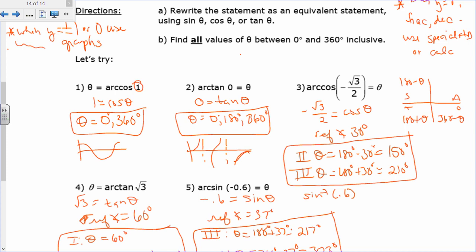In quadrant 3, I would do 180 plus theta, and in quadrant 4, I would do 360 minus theta. So theta equals, for quadrant 2, 180 minus 30, because my reference angle is 30, since cosine is radical 3 over 2 when theta is 30. I get 150 degrees for quadrant 2. And in quadrant 3, theta equals 180 plus 30, which gives me 210 degrees. So I have two answers here for this one.